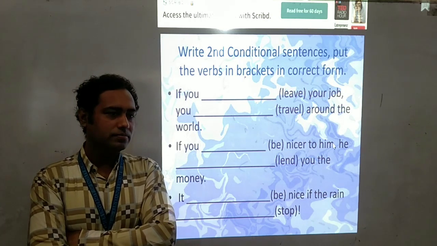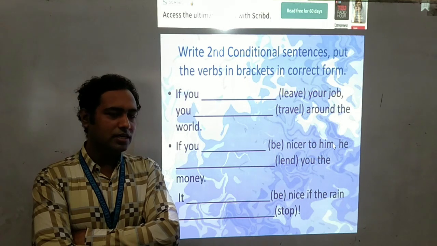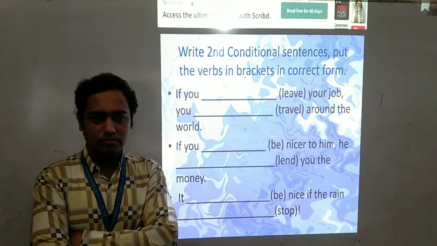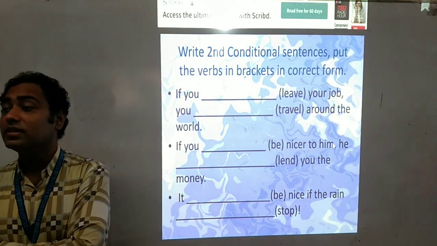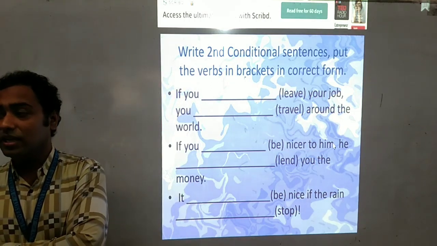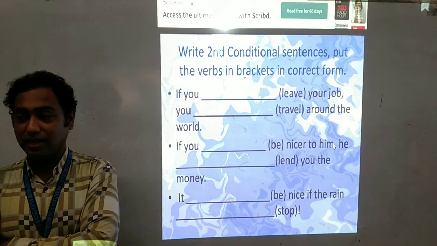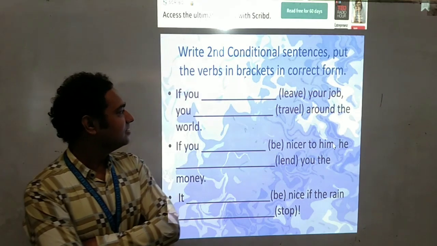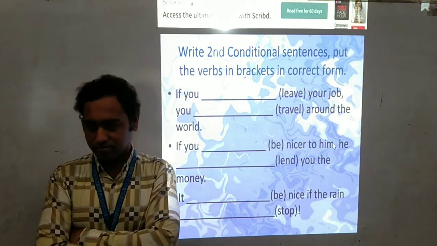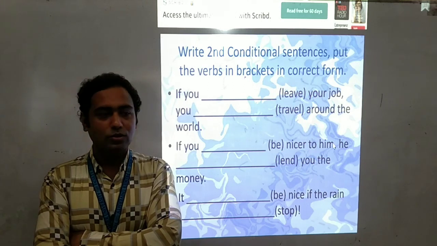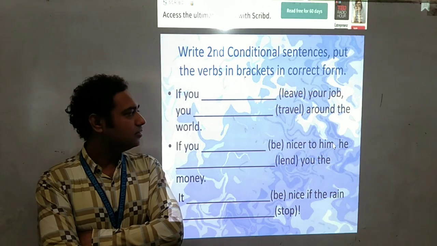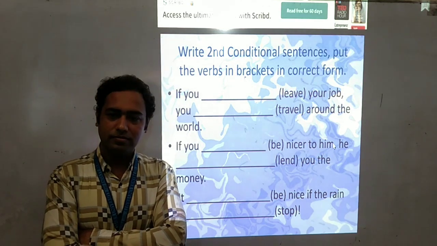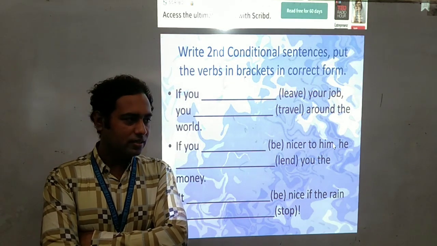Second condition: past simple plus past modal. Tell me. If you lost your job, you could travel around the world, right?